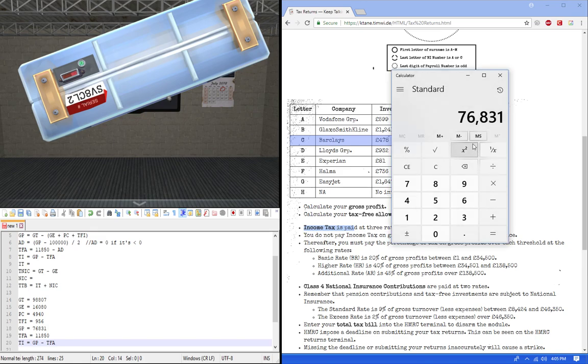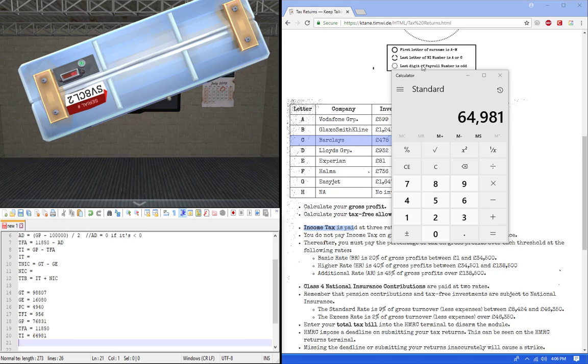We have 76,831 minus our 11,850 of tax allowance. And here we have our taxable income of 64,981. So what are we going to do with this taxable income? This taxable income is going to be rated at 3 different levels.